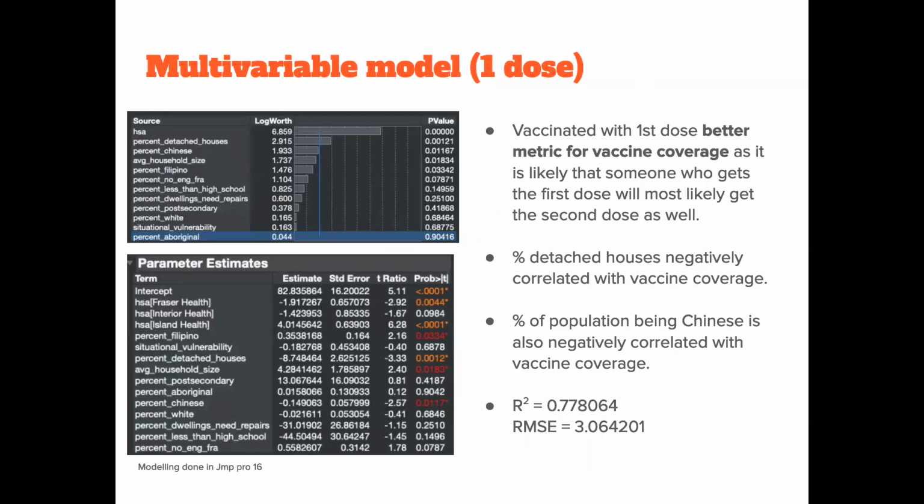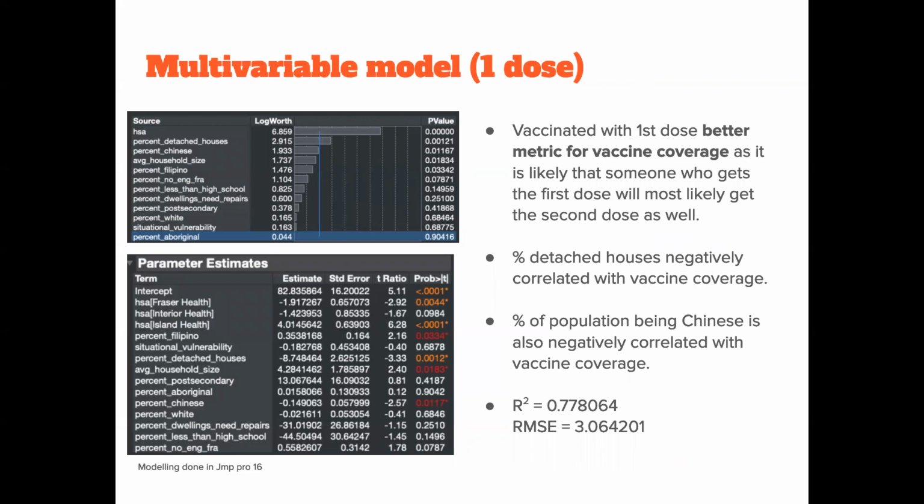Then we built a multivariate model. We built the model based on the cumulative proportion of the population over 12 that has received at least one dose of vaccine.